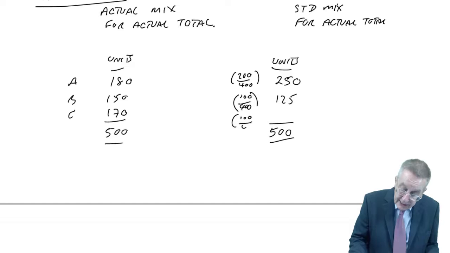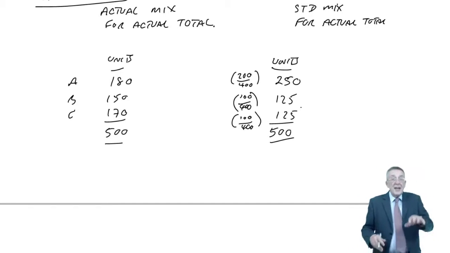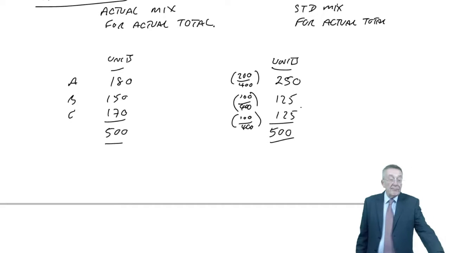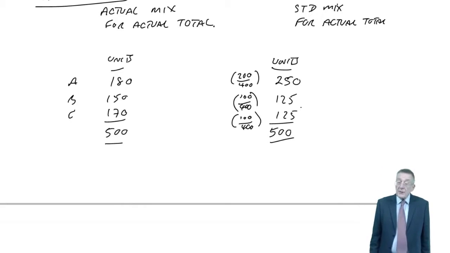And similarly, C. If we'd have kept the same mix as in the budget, we'd have sold 125.